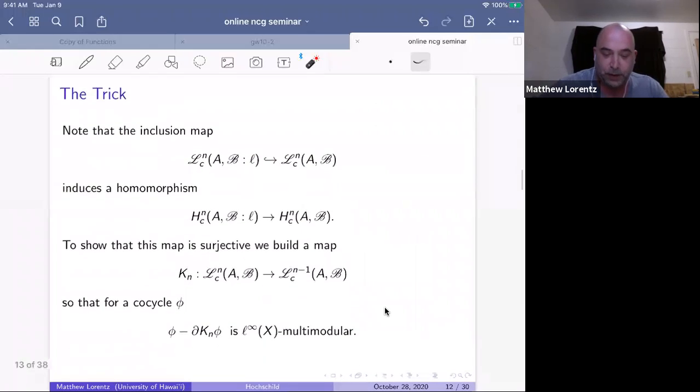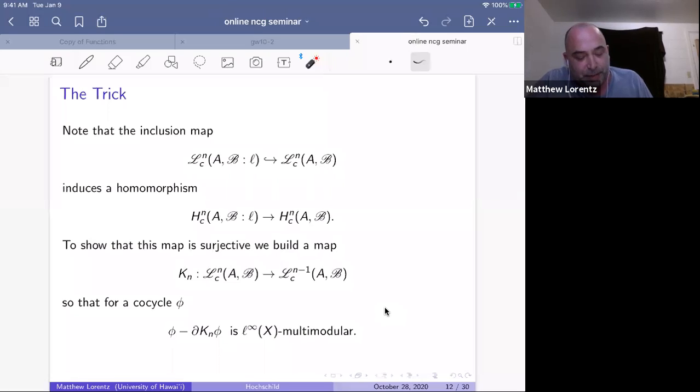Okay. So the trick that Sinclair and Smith are using is they start off with the inclusion map from the L infinity multimodular maps just to the regular maps. And that'll induce a homomorphism between the Hochschild cohomologies.